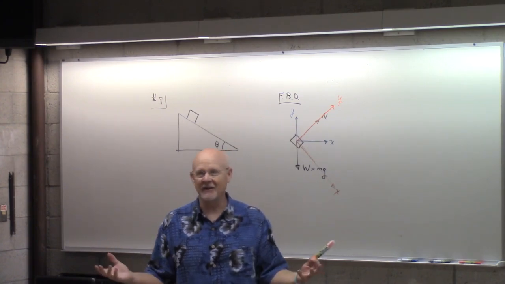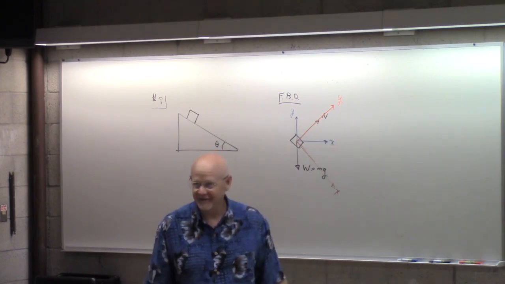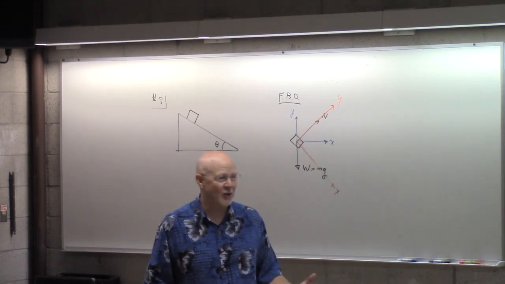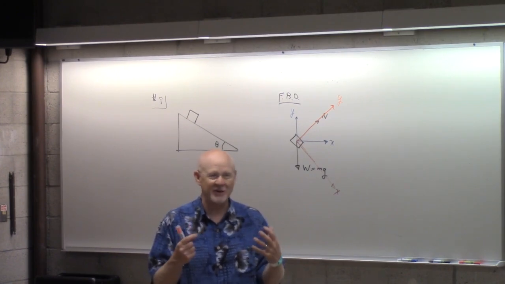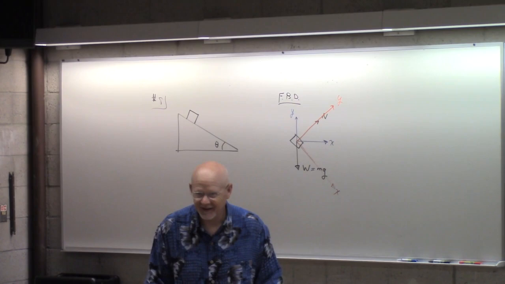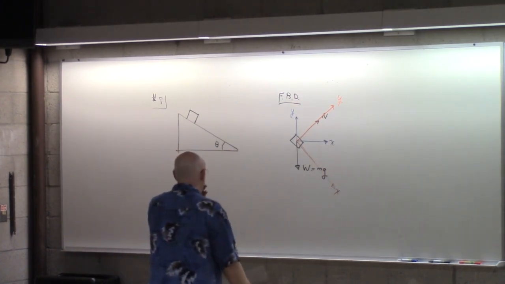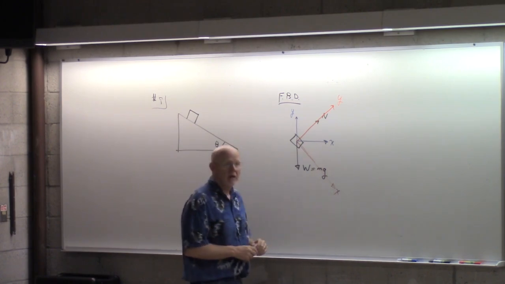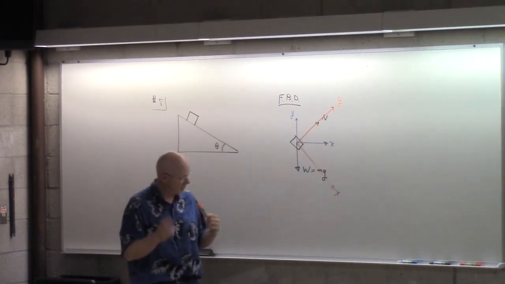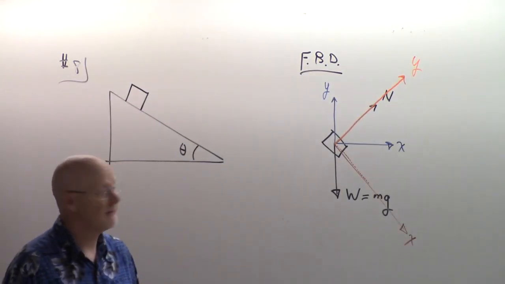Because now the acceleration is only x, and in the y it is 0. And remember, that goes into your equation. Acceleration in y is 0. Isn't it so much nicer to have math equations that have a bunch of zeros in them? So this can be a powerful tool to get away from the traditional axis and tilt it, and you just have to think about a tilted axis.